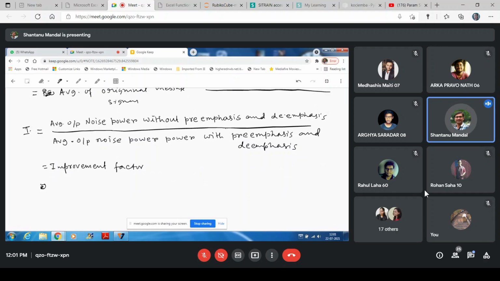The average output noise power without pre-emphasis and the average output noise power with pre-emphasis, and this ratio is the improvement factor. Now what is the value of this ratio? Now this value can be obtained.